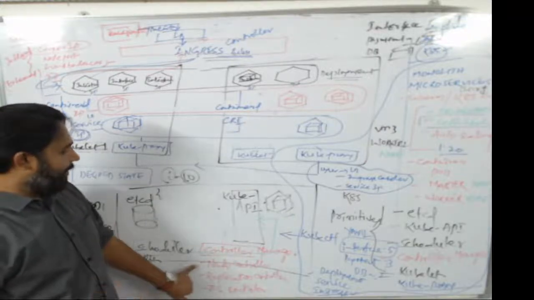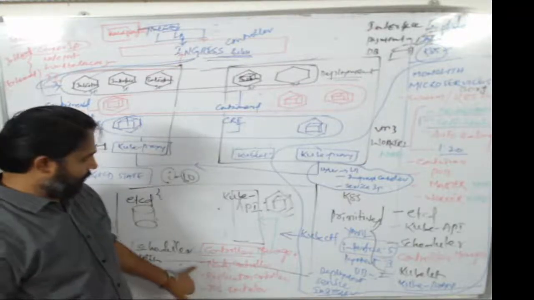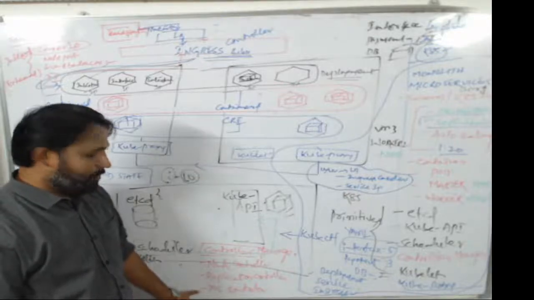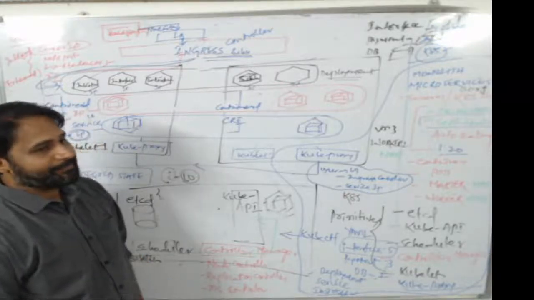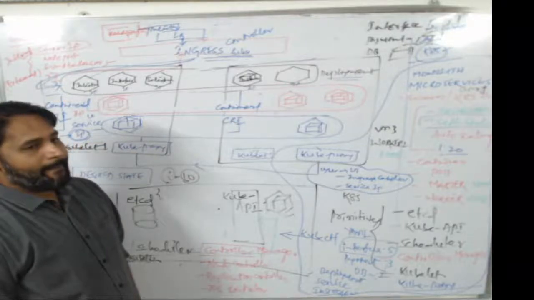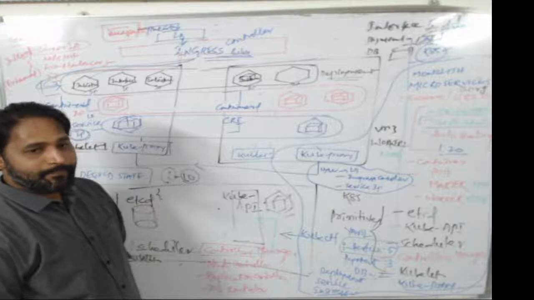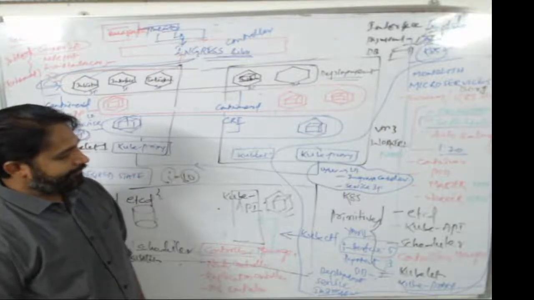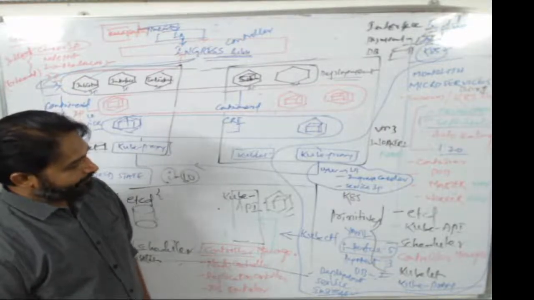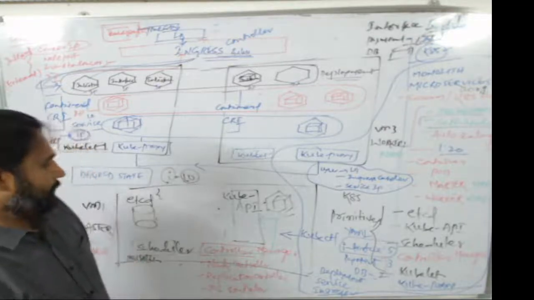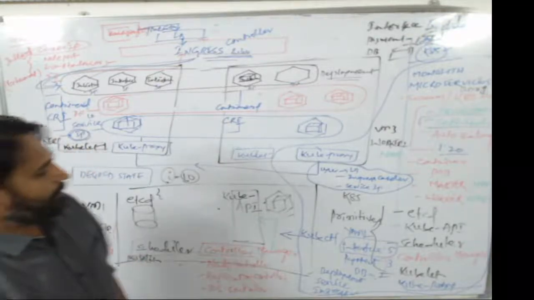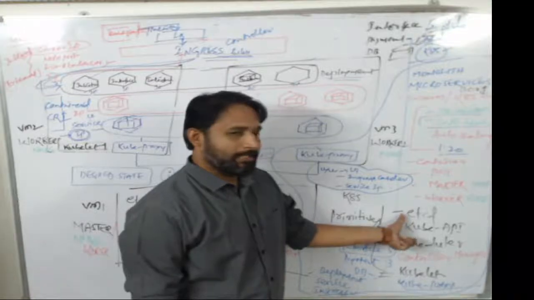We've listed 3 controllers here: node controller, replication controller, job controller. Now these 4 are on the master.